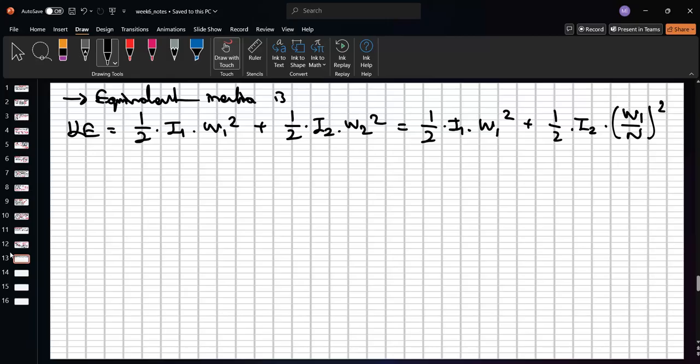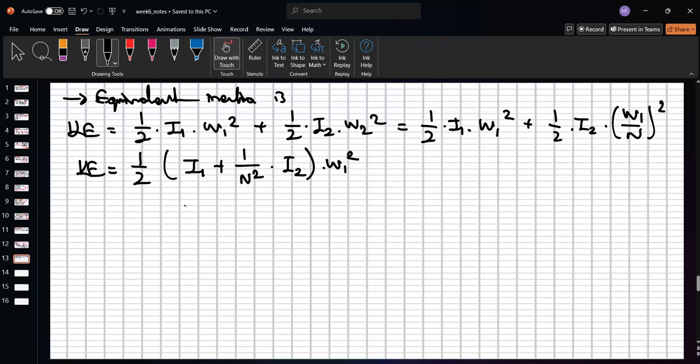We reorganize the equation between W1 and W2, right? The kinetic energy in this form, if we collect all the W1 terms, is 1 divided by 2, I1 plus 1 divided by n squared times I2, times W1 squared.